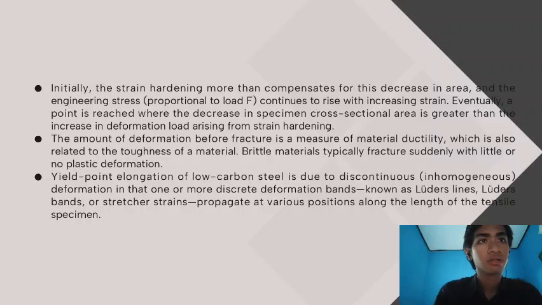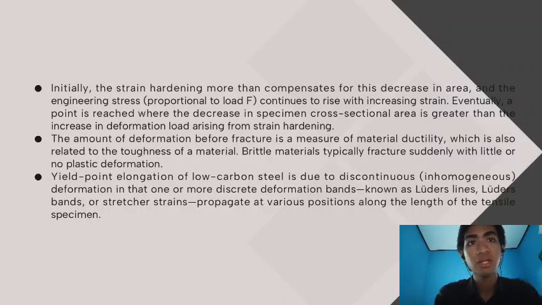The load at which the sudden drop occurs is called the upper yield point. The constant load is called the lower yield point, and the elongation that occurs at constant load is called the yield point elongation. The stress at the upper yield point rather than the lower yield point is usually reported as the yield strength of this material.